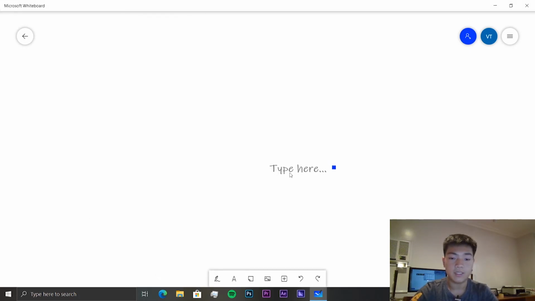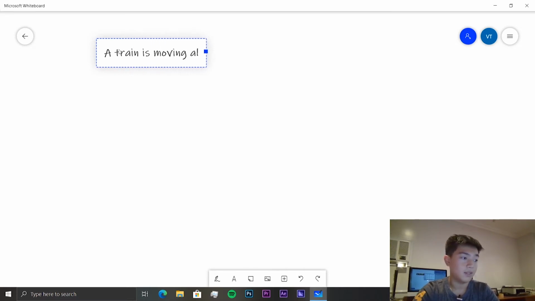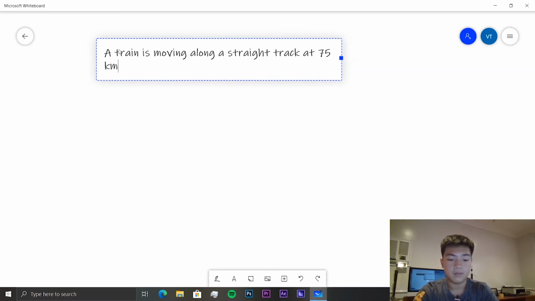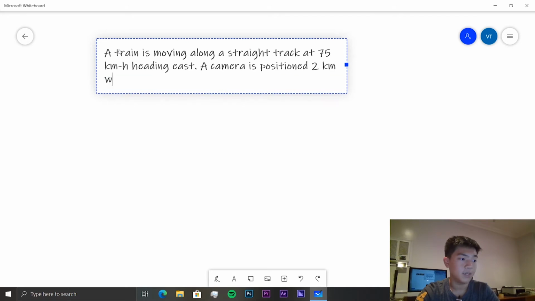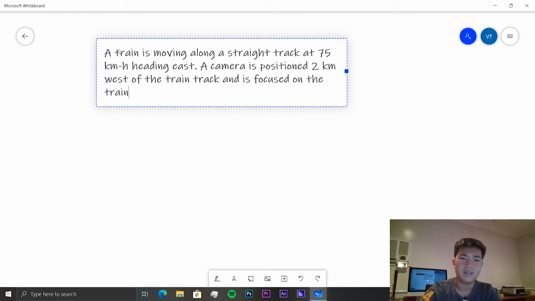So the final question is, a train is moving along a straight track at 75 kilometers per hour heading east. A camera is positioned 2 kilometers west of the train track and is focused on the train?